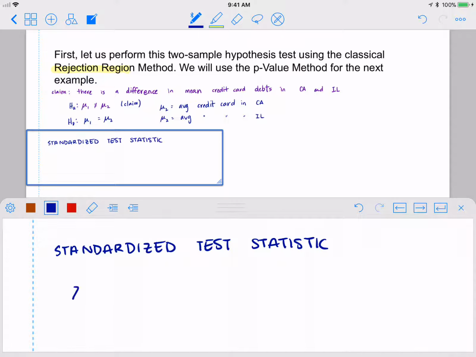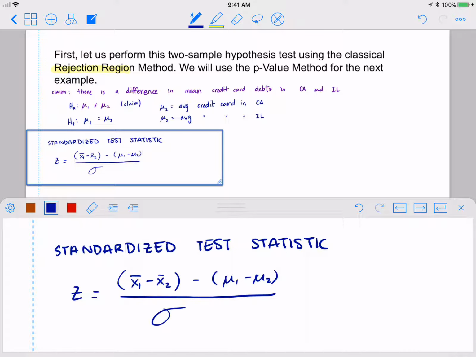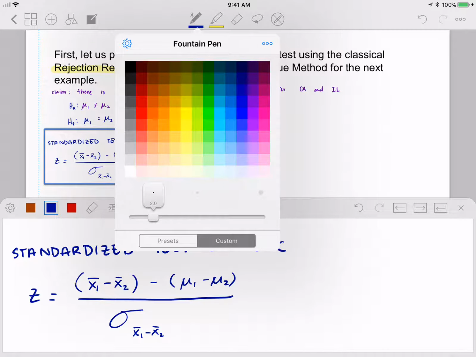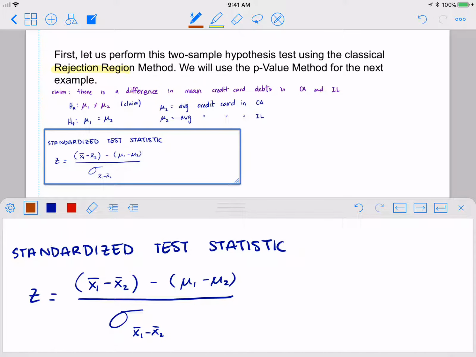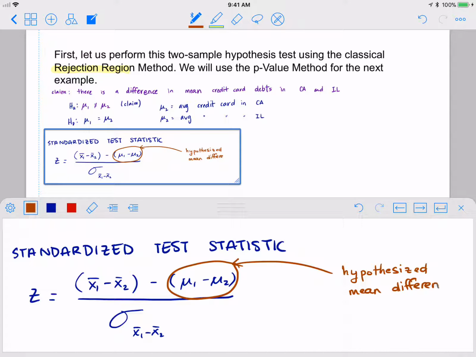The formula is z equals x1 bar minus x2 bar minus the quantity mu1 minus mu2, divided by sigma x1 bar minus x2 bar. Just to explain what these symbols mean, this is the hypothesized mean difference. Remember, when we're performing our hypothesis test, we always assume this is equal to 0.